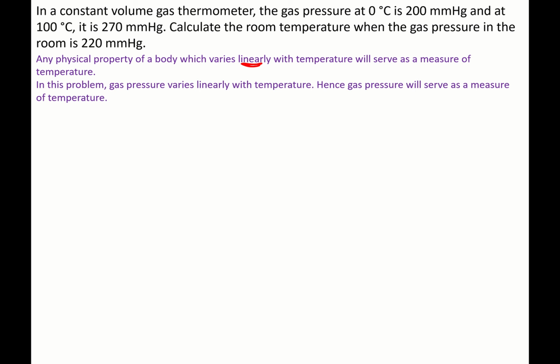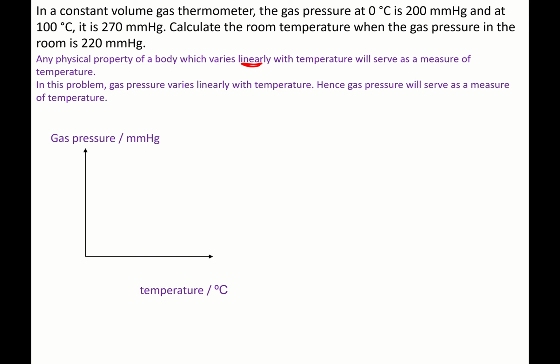Now, since we know it's a linear relationship, when we sketch the graph, it's going to be a straight line graph. So first things first, sketch the axes, gas pressure versus temperature. Gas pressure 200 mmHg, temperature 0 degrees Celsius.